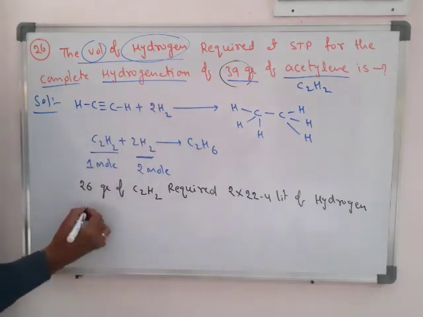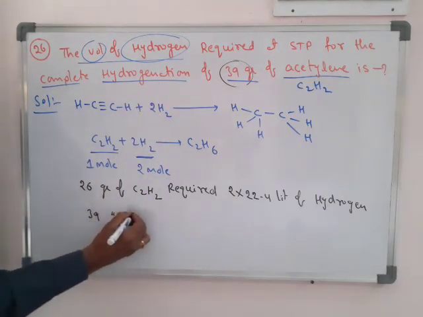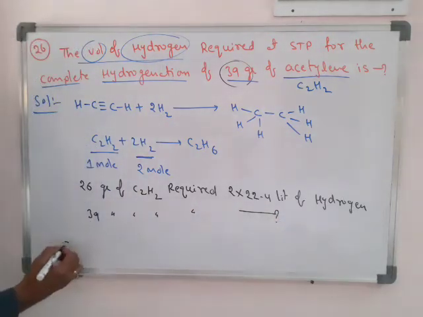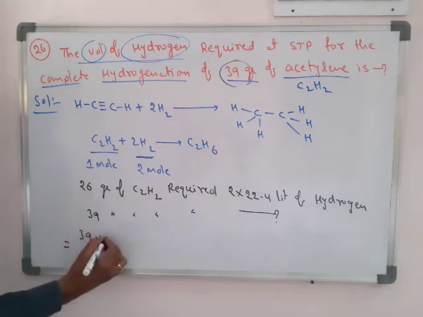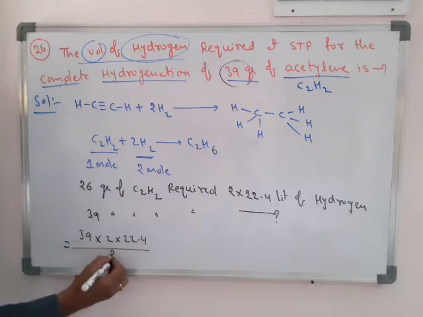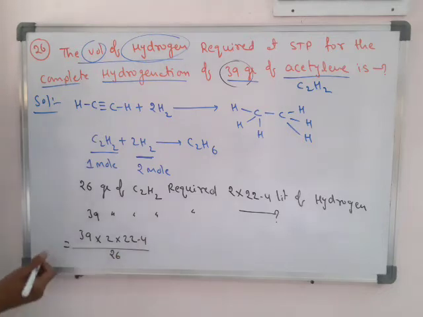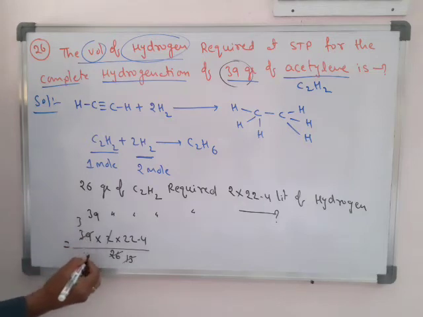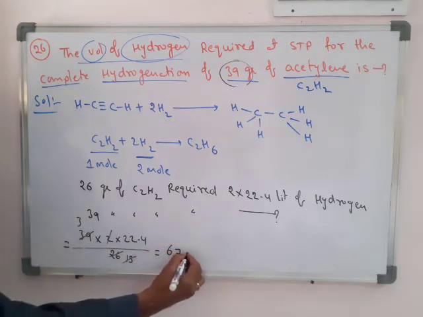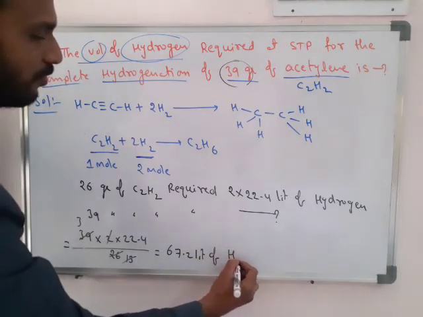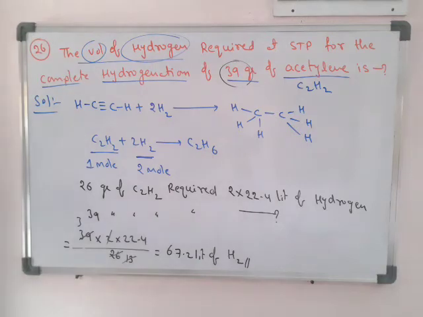But it is given how many grams? 39 grams. 39 grams of acetylene requires how much hydrogen? So for the overall calculation, 67.2 liters of hydrogen is required.